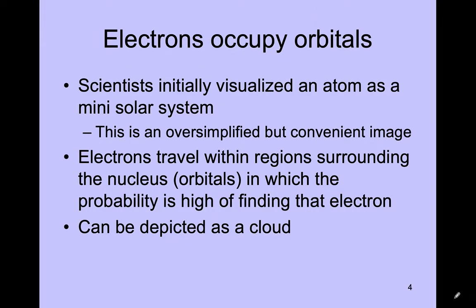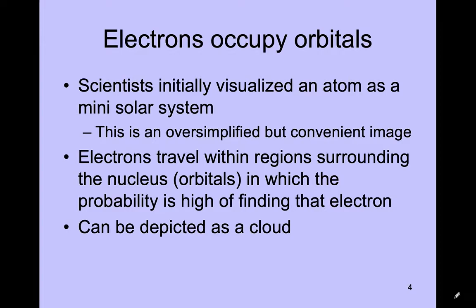So these electrons occupy these areas surrounding the nucleus of an atom, the protons and neutrons, called orbitals. Sometimes the entire atomic structure is seen as a little solar system, as if there's a sun with all of these planets rotating around it. That's the general idea, but really it's a little more complex than that.